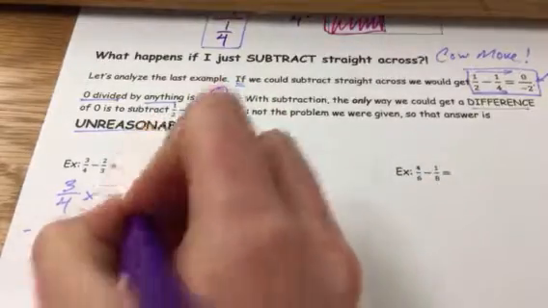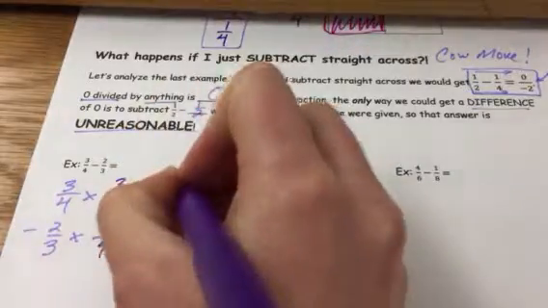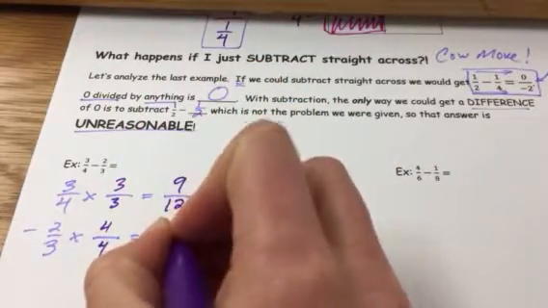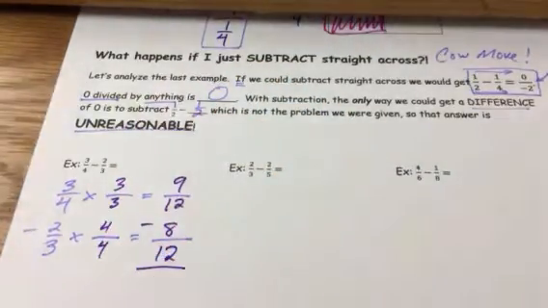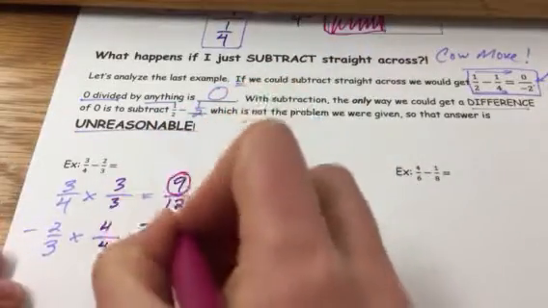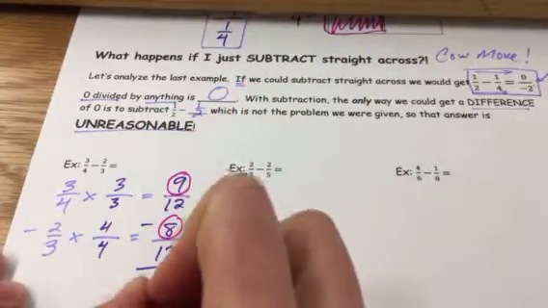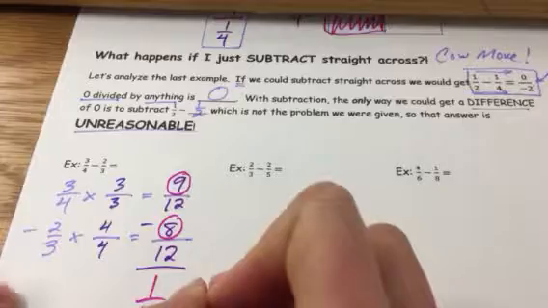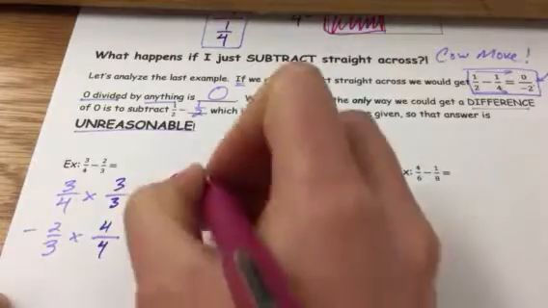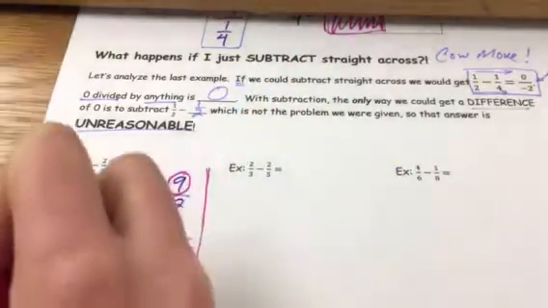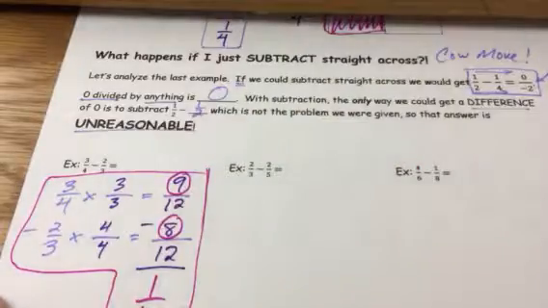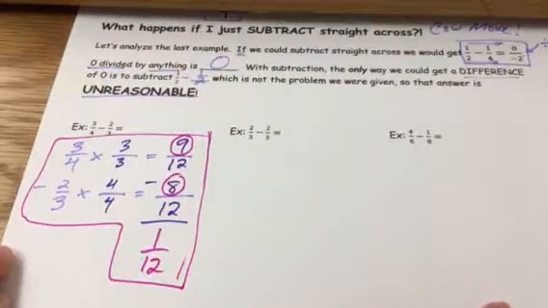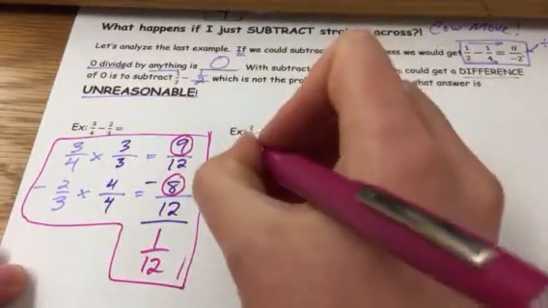I'm going to multiply that by 4 over 4, that by 3 over 3, and I get 9 twelfths minus 8 twelfths. We're going to go ahead and subtract our numerators. 9 minus 8 is 1. My denominator stays the same, 1/12. I've got my fraction flag. I've got my work all nice and neat. Oops, sorry, 1/12.